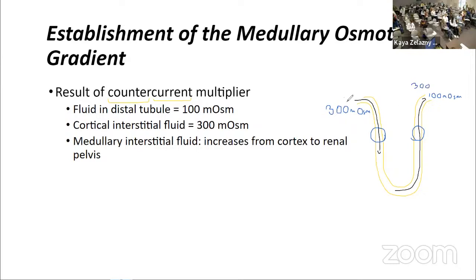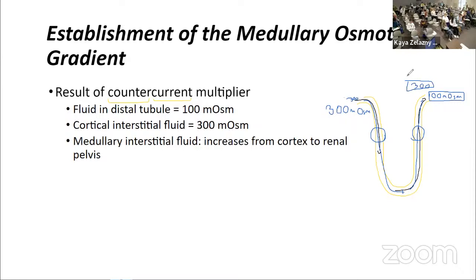I'll draw on this as well. Okay, so we're starting at 300. We travel through this loop, dive deep down into the kidney. We're going to see lots of changes in osmolarity as that happens. More changes as we go back up, ending in the distal tubule with an osmolarity of 100 in a renal cortex with an osmolarity of 300.